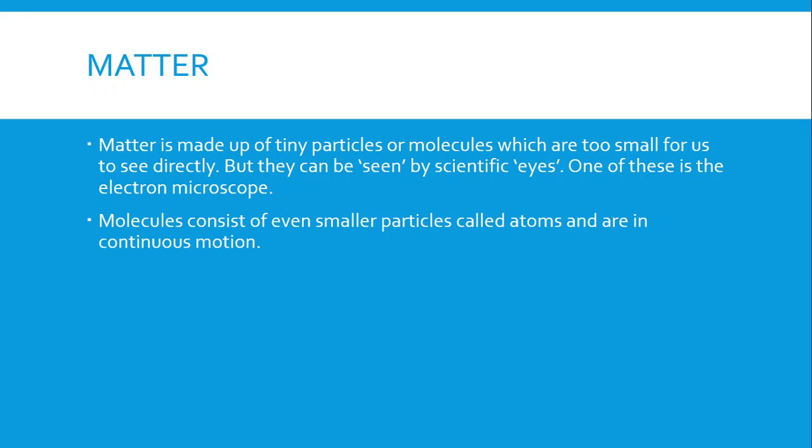Now, there are different types of microscopes, but we are talking about the electron microscope because its power is pretty high and it can very easily look into the inner structure or the particles of a matter or an object that is under observation. Molecules consist of even smaller particles called atoms and are in continuous motion.